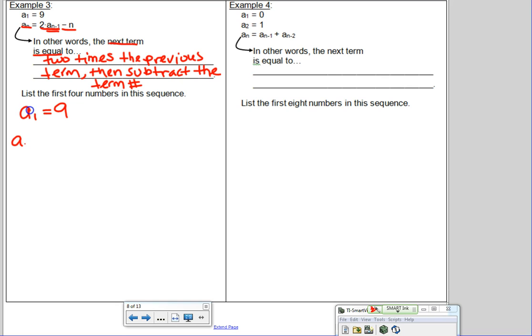Okay, so A sub 2 then would be 2 times the previous term, and then minus the term number, and we're on term number 2. So A sub 3 will equal 2 times the previous term minus the term number, which we're on 3 now.